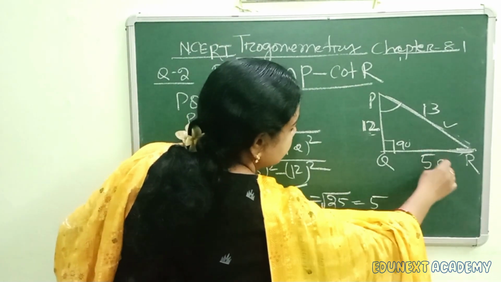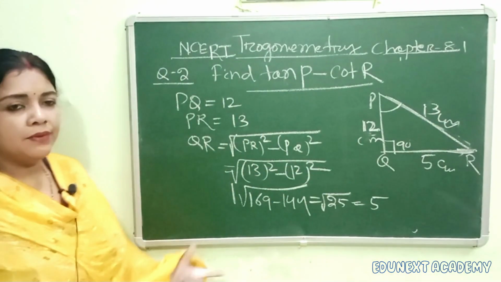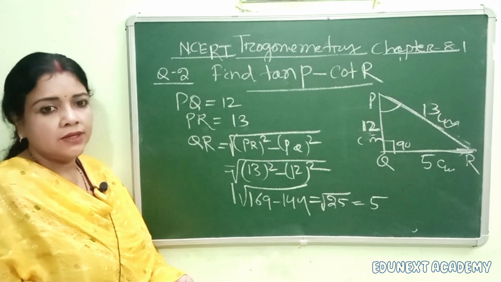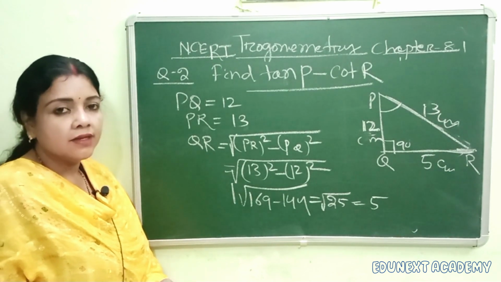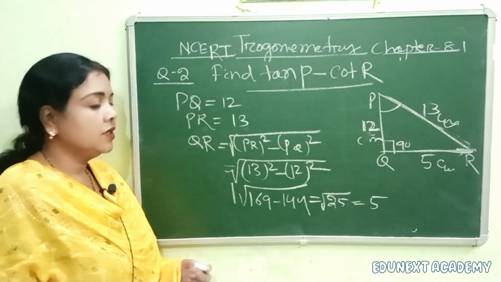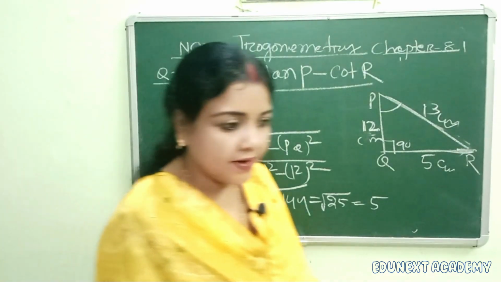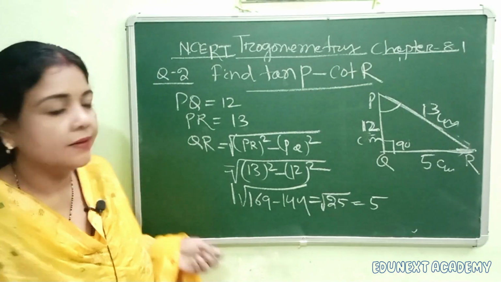So this is 5 centimeters. These are all in centimeters. Now after finding the third side, we need to find tan P and cot R. After finding them, we have to subtract the two.